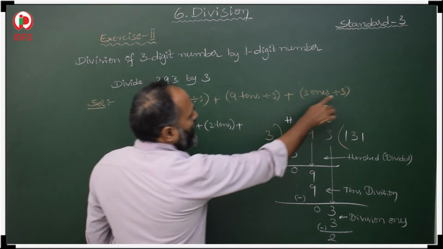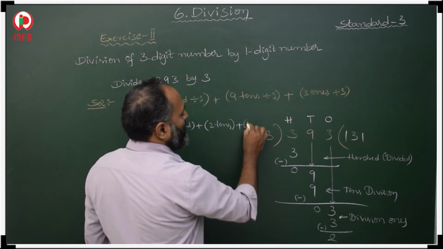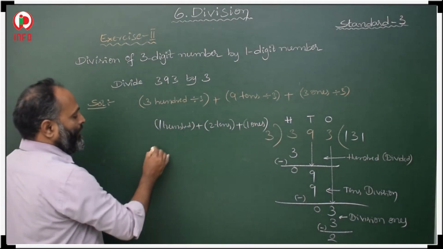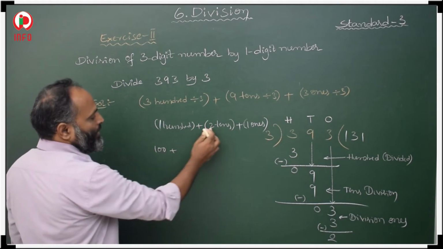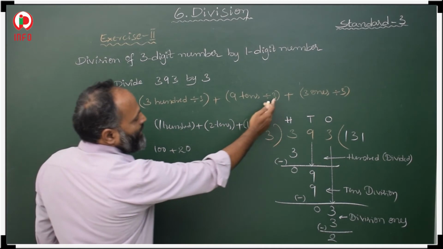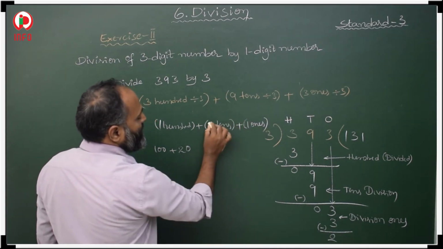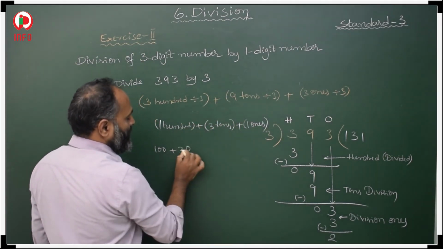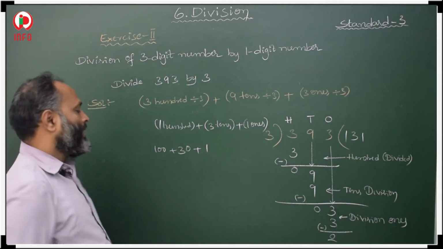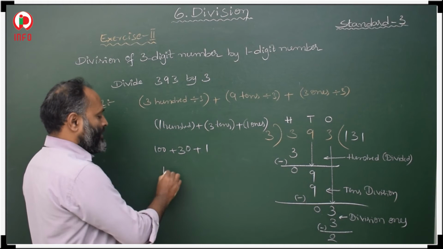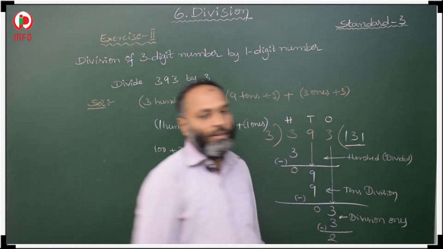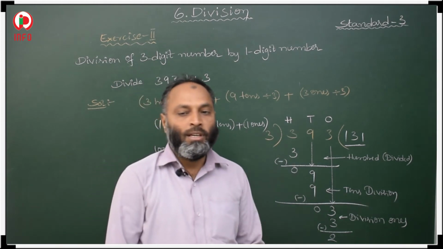Then in the 3 table 3 ones are 3. Then 100 plus 2 tens means 20. 3 tens are 30, plus 1 one. 100 plus 30 is 130, 130 plus 1 is 131. Our quotient is 131.